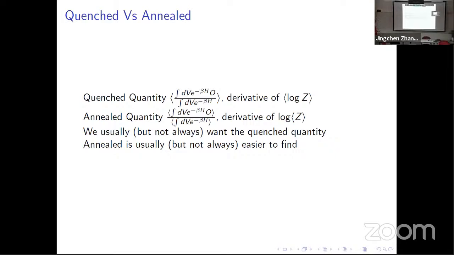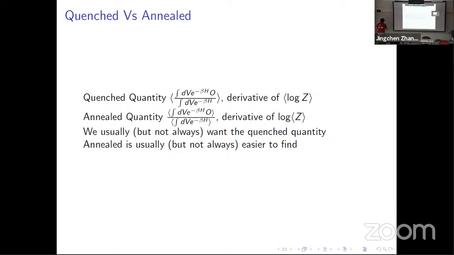But let's look now at the annealed average. With the annealed average, what we're doing is summing over all Hamiltonians of e to the minus beta H, then dividing by the number of Hamiltonians.